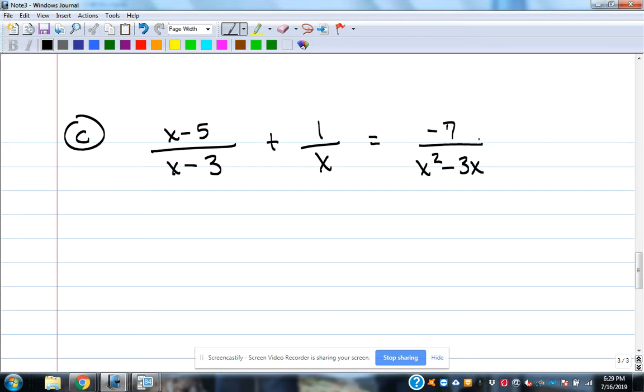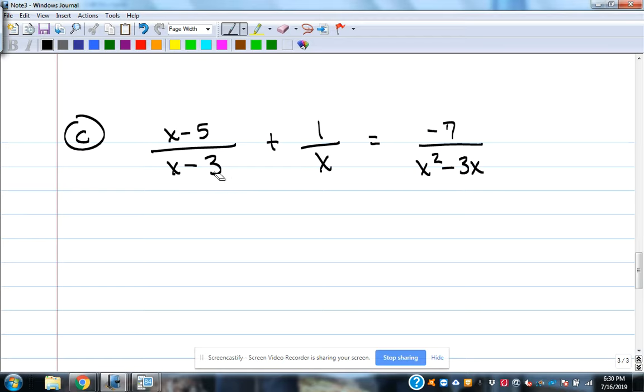All right. So we have three fractions in this one. We don't have to fix any of them to make them look like it. I checked the denominators to make sure they're all in descending order. So I got x minus 3, that's okay. Plain x, that's okay. X squared minus 3x. They're all already in descending order. The next step would be to try to factor any of them that can be factored.